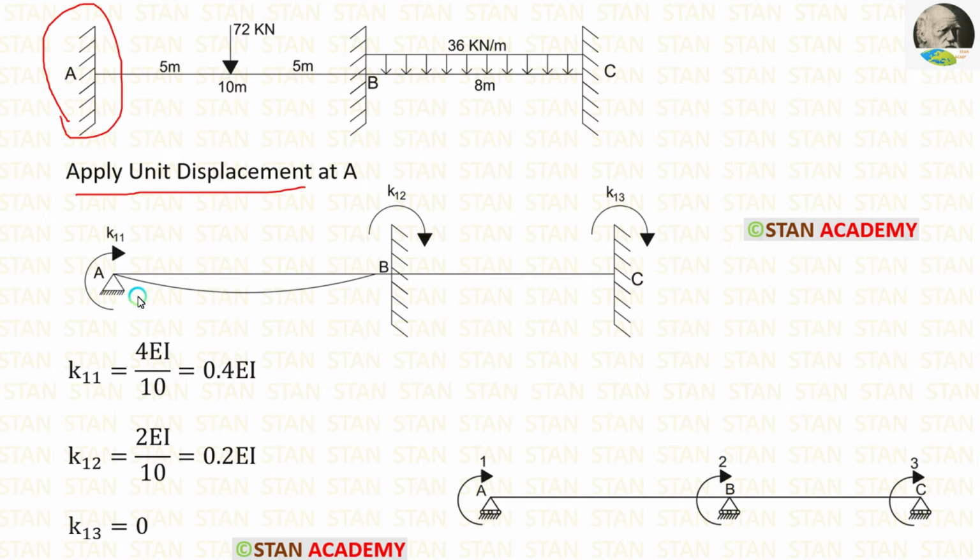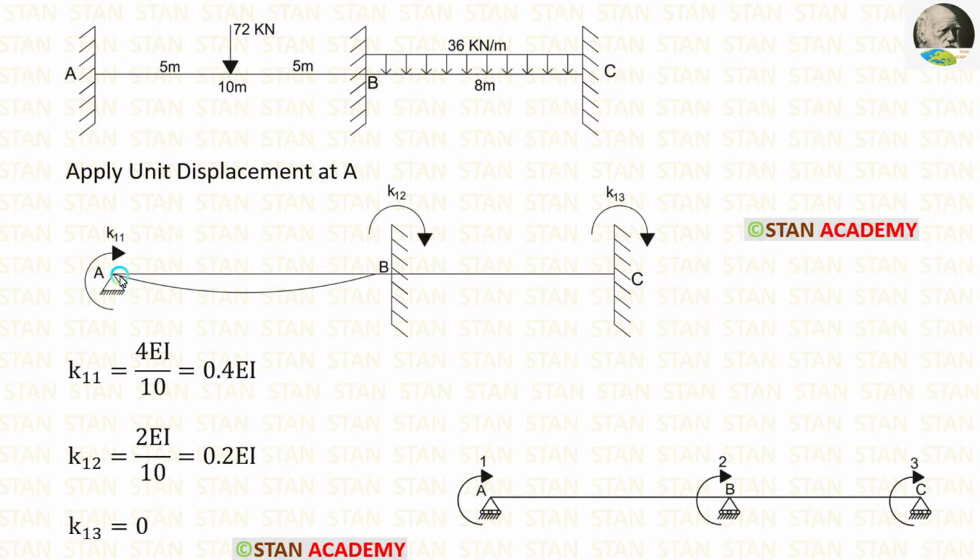When we apply the unit displacement, the fixed support becomes a hinged support. Here we have to find 3 stiffness values K11, K12 and K13. All the coordinates should be made in the clockwise direction. You can see that all of the 3 coordinates are in the clockwise direction.